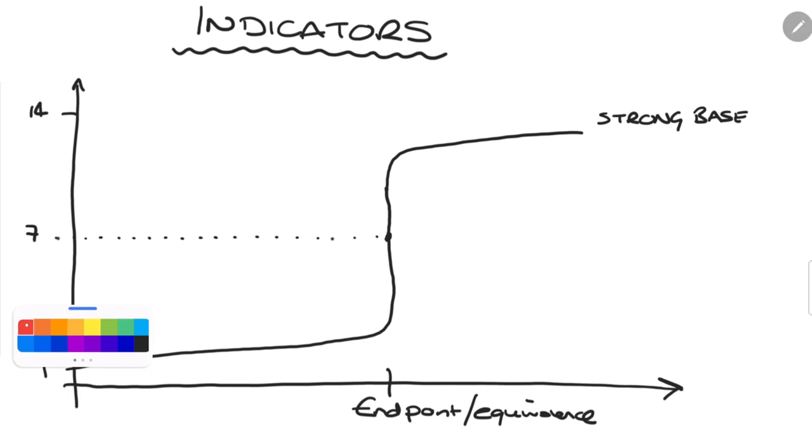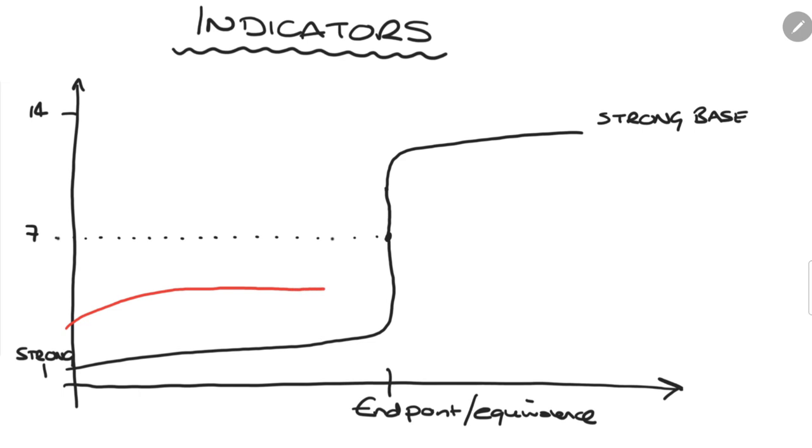Now, when we have titrated these also against a weaker acid, we have seen that the pH starts a little bit higher. We then enter the buffer region, whereby we've got these larger concentrations of acid relative to base concentrations, as we looked at in the previous examples of buffers.